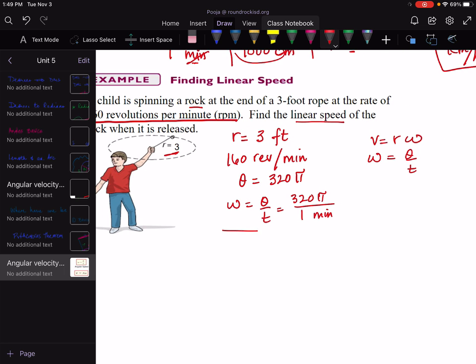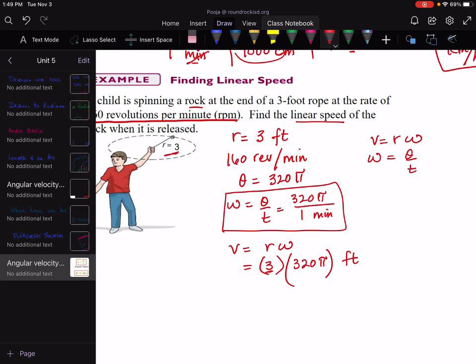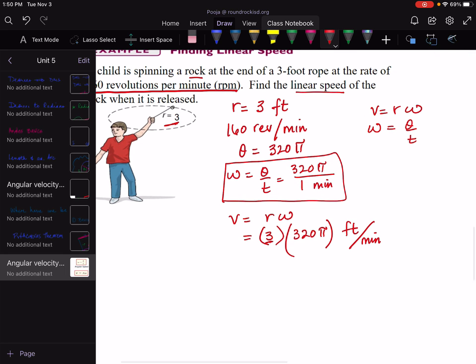And I have found angular velocity. I'm just going to take it the way it is and plug it into the linear velocity formula. Radius is 3, and this is 320 pi. Notice 3 is in feet, and then per 1 minute, so per minute. That's automatically the unit that I got it in.